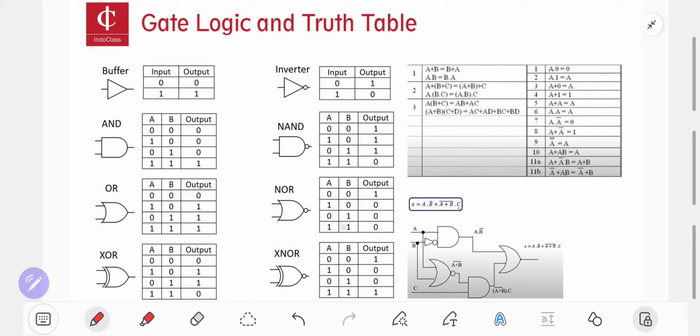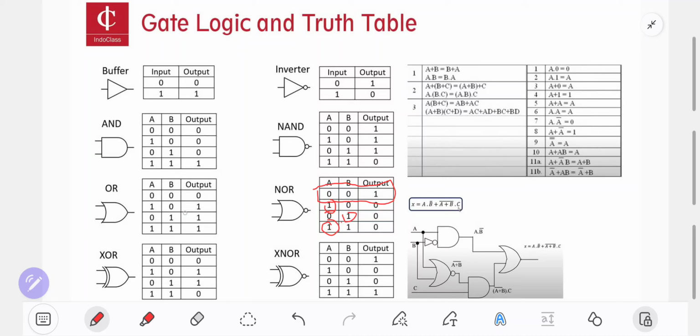In NOR gate logic, NOT OR, you can see on this truth table the result is 1 if all inputs are 0. You can just think of this statement, and the other, the result is 0 if one of the inputs is different, or 1.